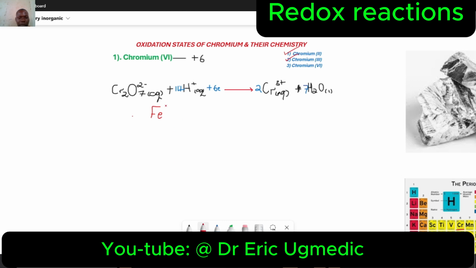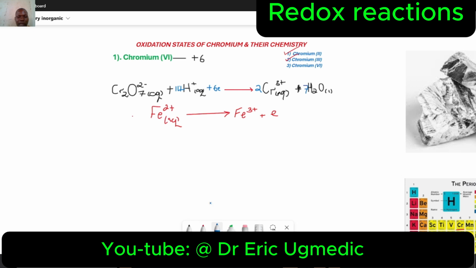I'll not give everything, but you can check out all the possible redox reactions involving the dichromate. I'll just give you the core idea behind these redox reactions and the points of emphasis. So this one will be oxidized, meaning the iron has to release the electrons.